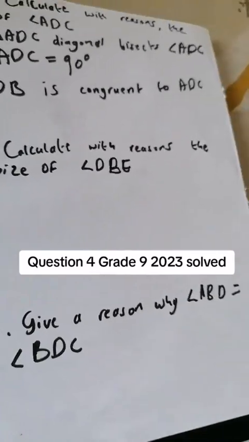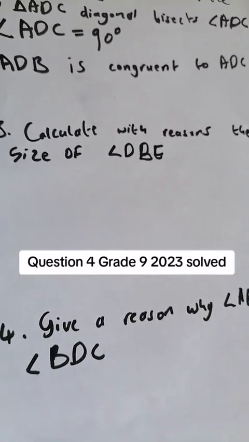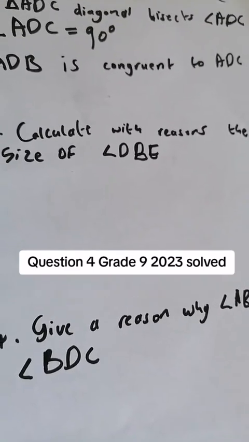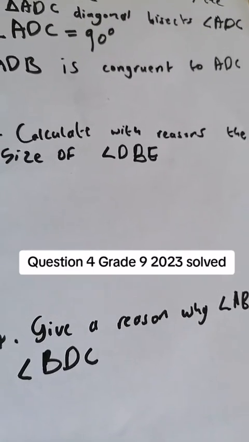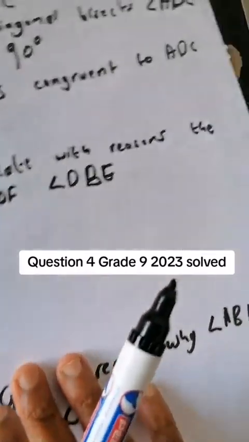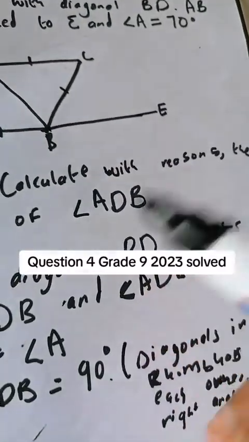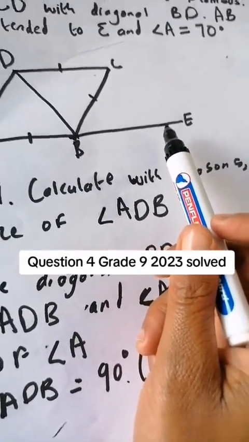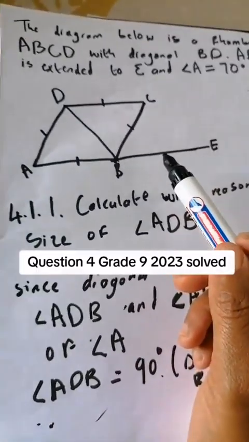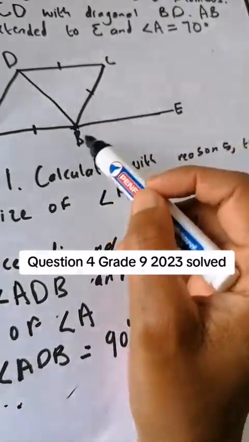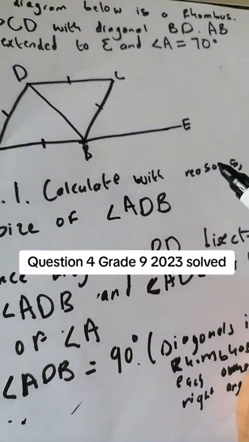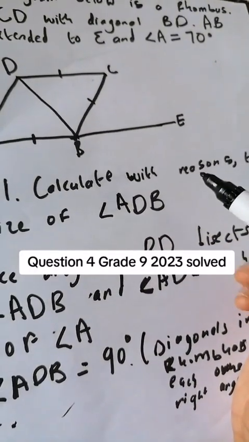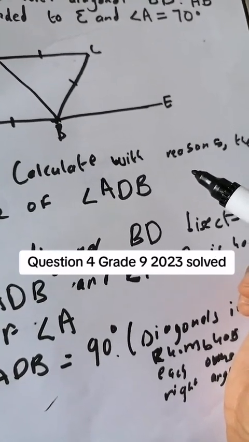Now let's move on to number 4.1.3. Calculate with the reasons the size of DBE. Now DBE, remember the E is extended. So if you have a shape like this with an extended angle, you have to apply the exterior angle theorem.